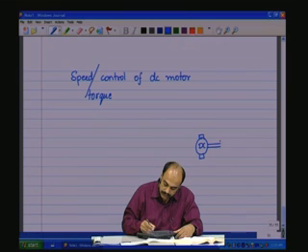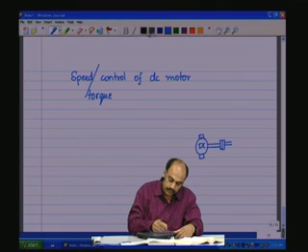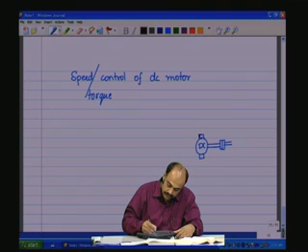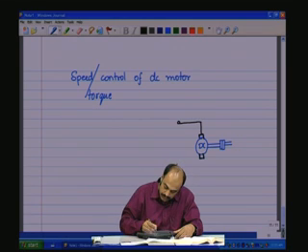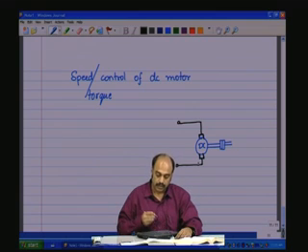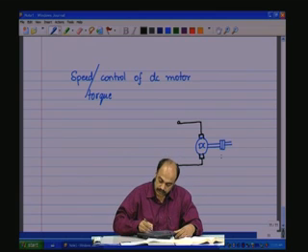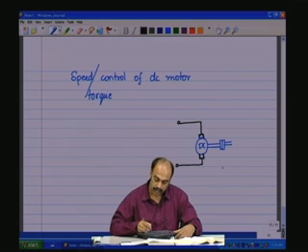It has the shaft connected to the load. So we have the brushes here, brought out as electrical terminals available here. So we know that the speed here can be controlled by adjusting the torque, of course.